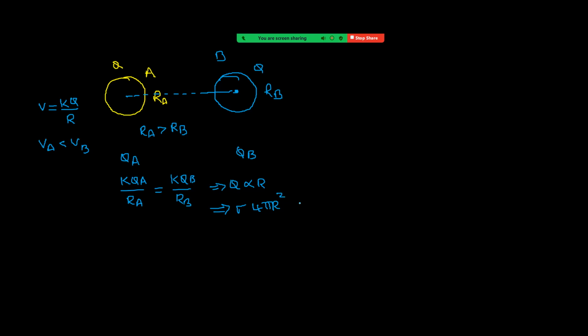Charge is proportional to R, right? That means one R gets cancelled. Sigma into R is a constant. That means sigma A by sigma B equal to RB by RA. So it is very simple.